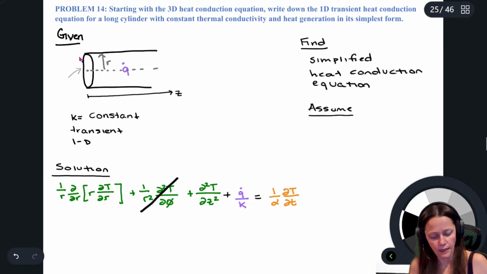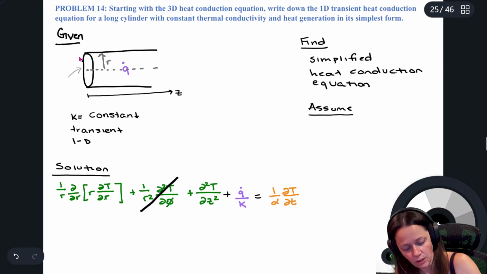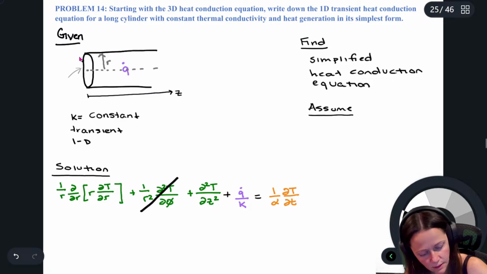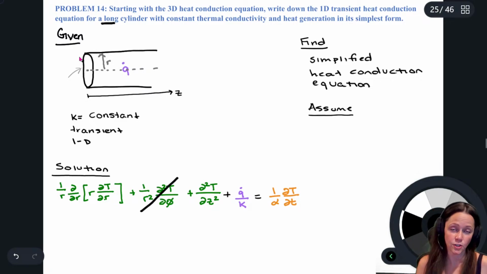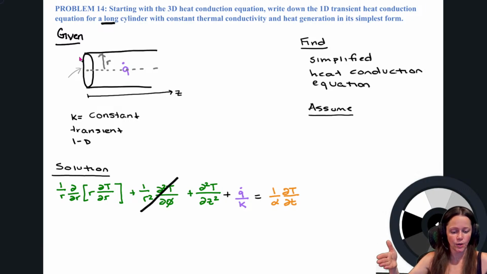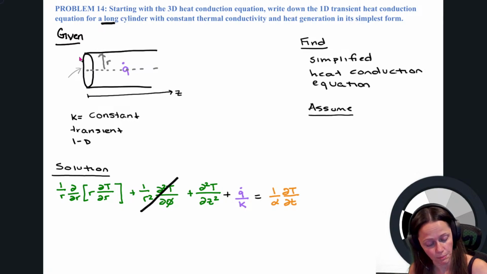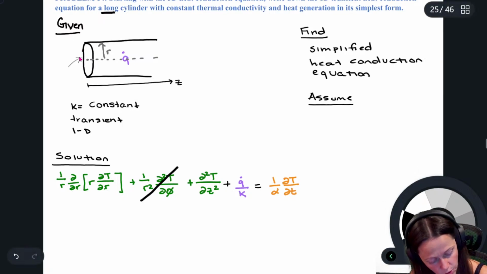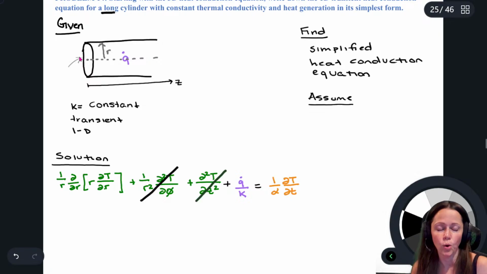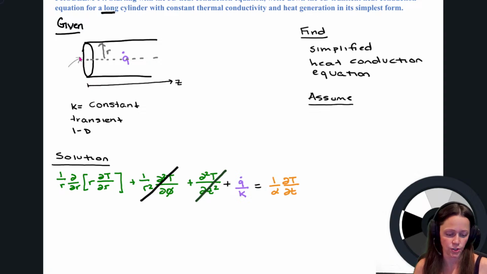The fact that they say it's a long cylinder indicates that we really don't have to worry about the temperature gradient in the z direction. It will mostly be something we have to worry about in the radial direction, where the temperature gradient is going to be biggest.